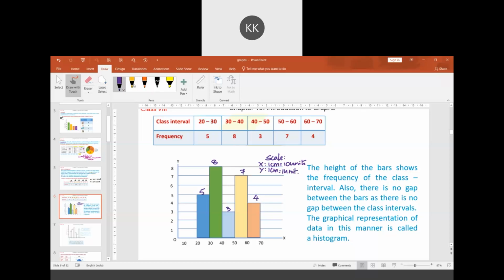In class 10th, you are going to learn about the frequency polygon.